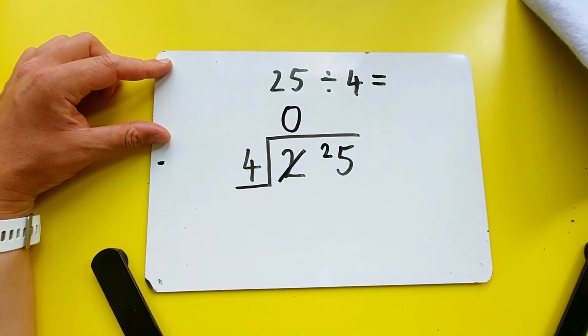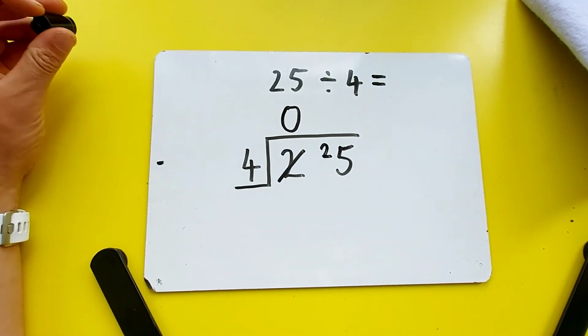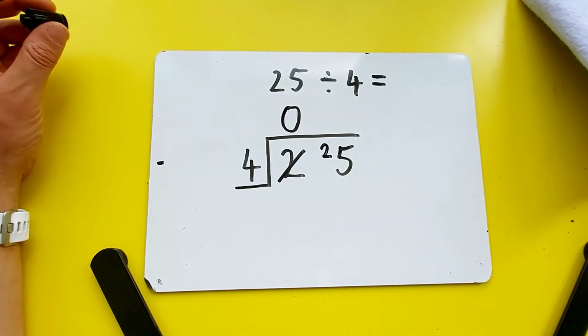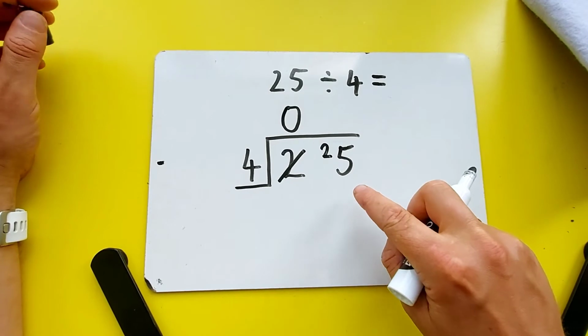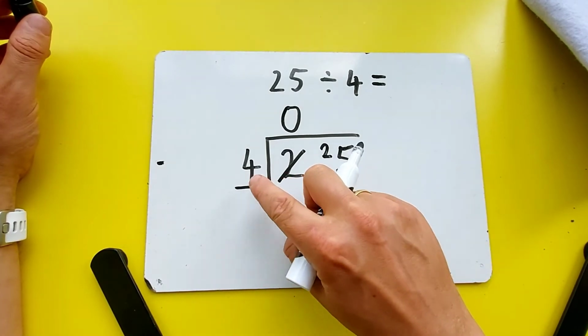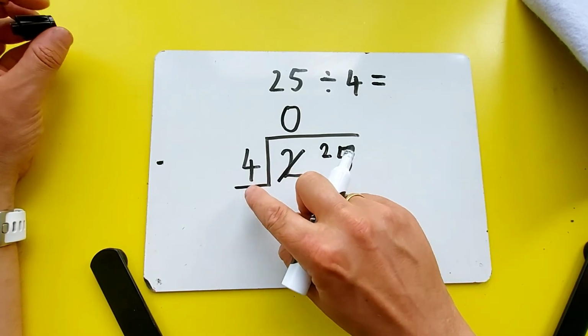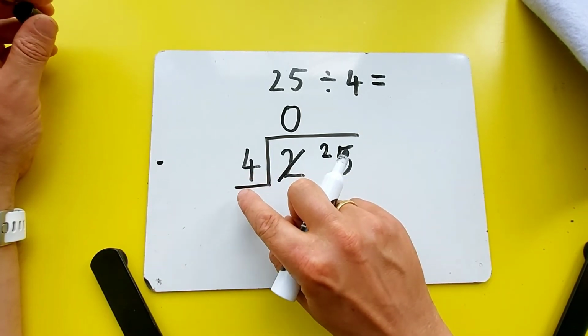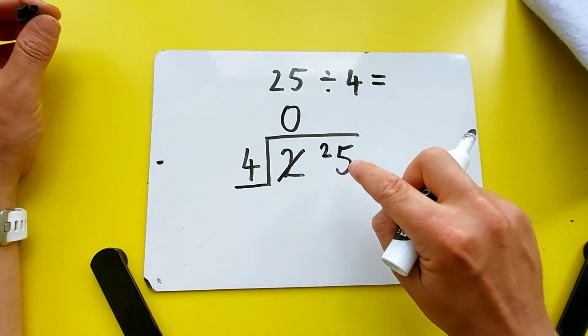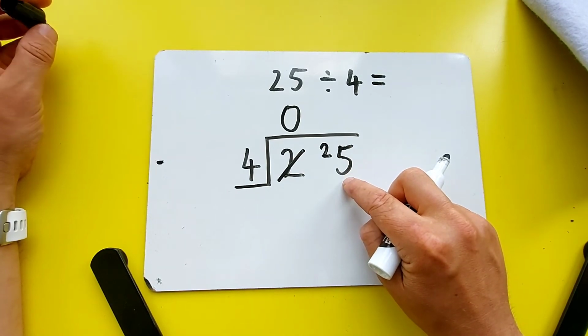And then I can do how many 4s go into 25, and again, this is why at the beginning of the week we did lots of times tables. I'm now thinking, what times table in my 4s is closest to 25 but smaller? And this is what I mean about there's a lot of thinking involved. Which times table is closest but smaller?